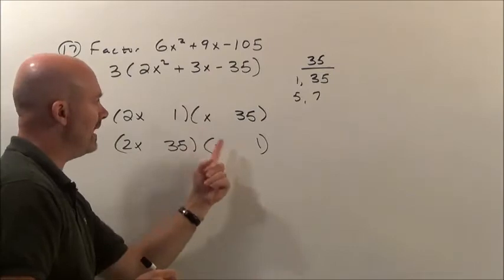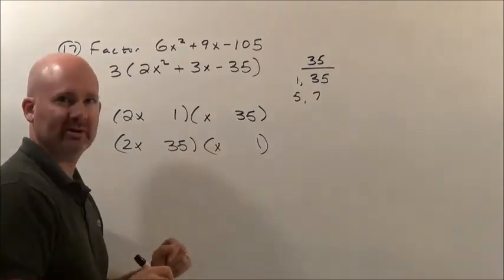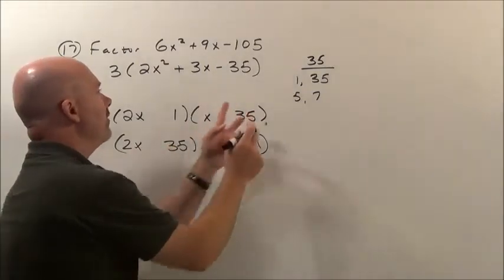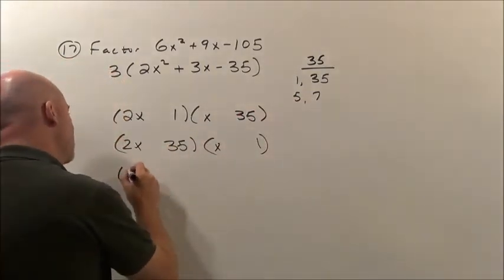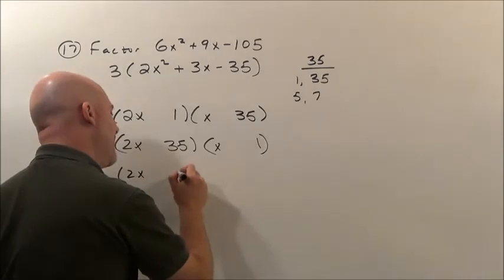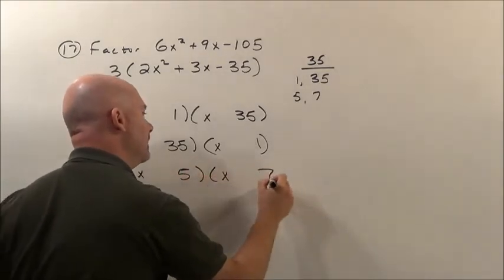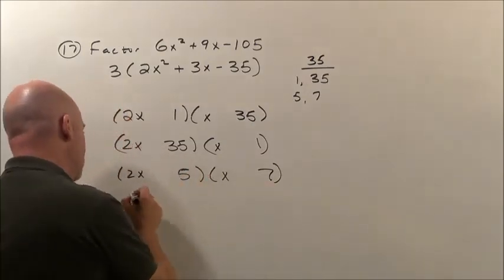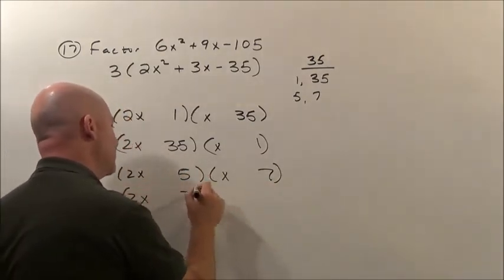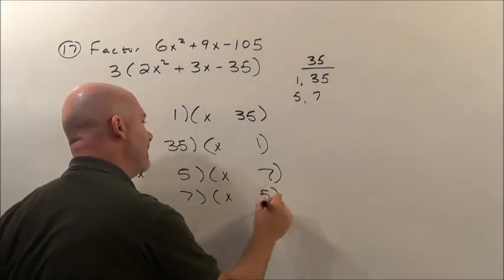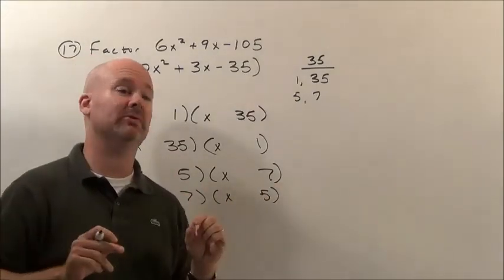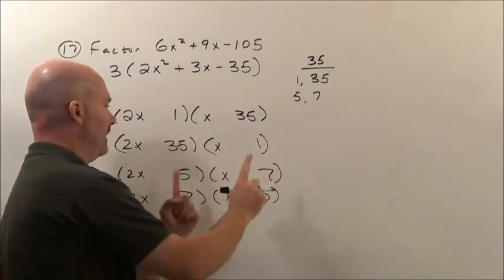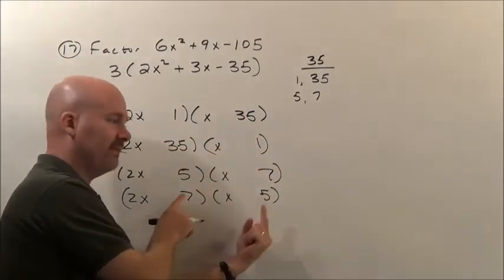Again, I'll come back and worry about what sign goes right there. Then instead of 1 and 35, there's 5 and 7. So I have 2x, and I'm going to do 5 and the 7 there. Now I could flip them. The 7 could be here, and the 5 here. So I have to look at that possibility. And I can see that's all the possibilities that exist. There's nothing else left to do here. I did 1, 35, I flipped them, 35, 1. I did the 5, 7, flipped them, 7, 5.